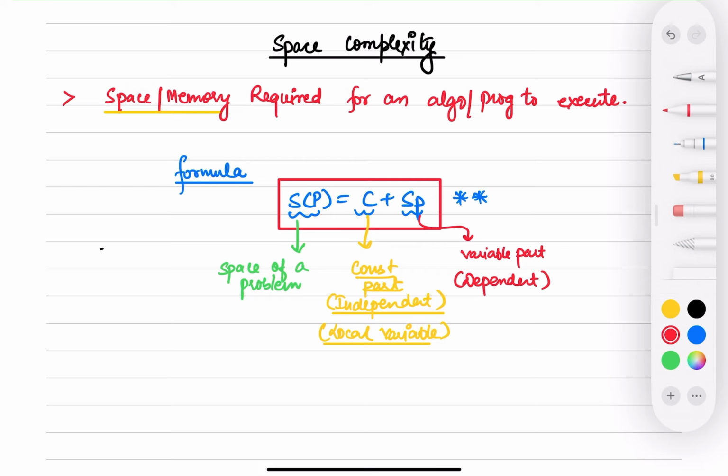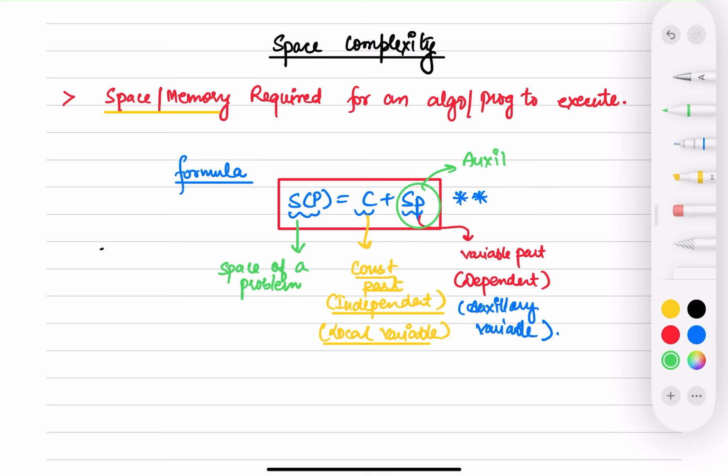The number of times you are going to iterate the loop, that is what S_P is, right? So it basically talks about the auxiliary variable. Sometimes people call this auxiliary space.